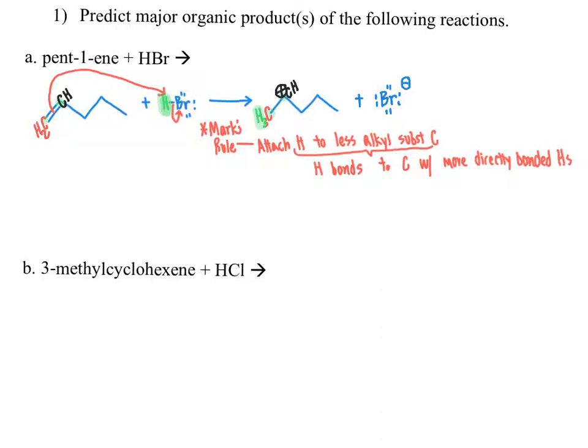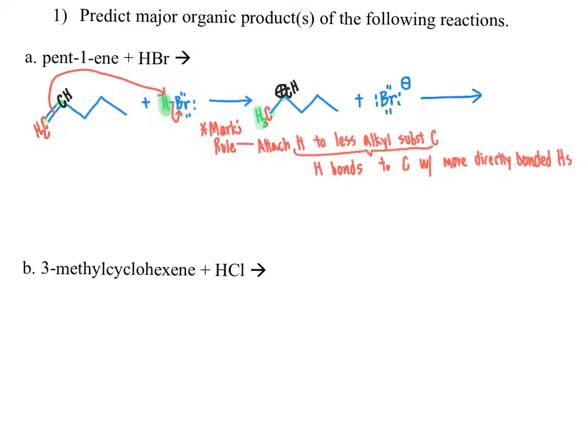If you have created a secondary carbocation, you always want to ask yourself, is there a way to do a 1-2 shift, also known as a carbocation rearrangement, in order to convert that secondary carbocation into a tertiary carbocation? And in this case, we do have a secondary carbocation here in the middle of the screen, but there's no way to do a shift of a hydrogen or a methyl group in order to create a tertiary carbocation. So that carbocation is going to stay as is, no carbocation rearrangement in this particular reaction mechanism.